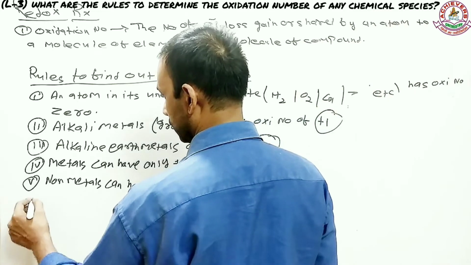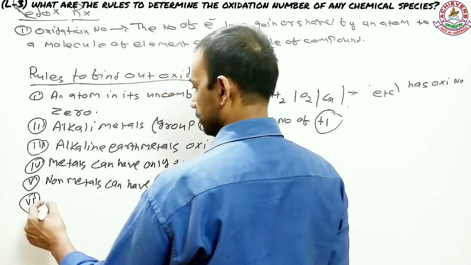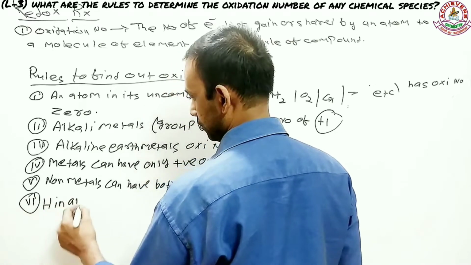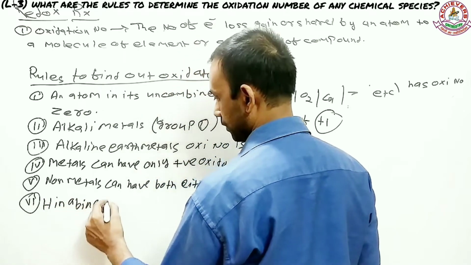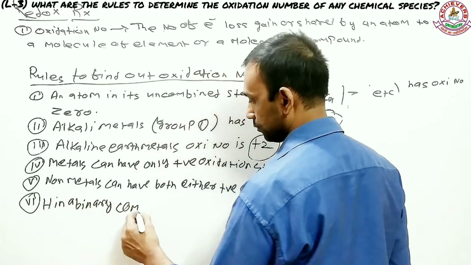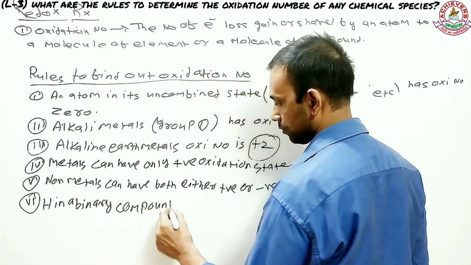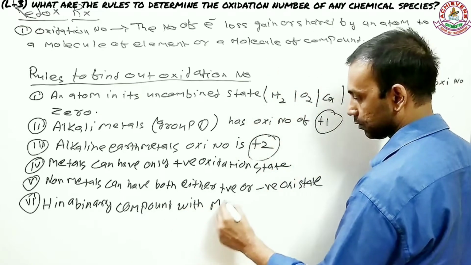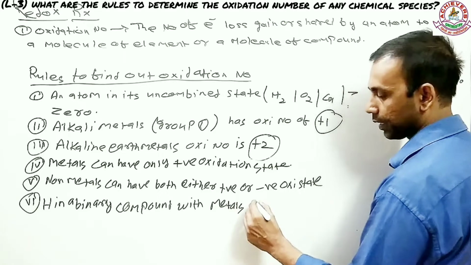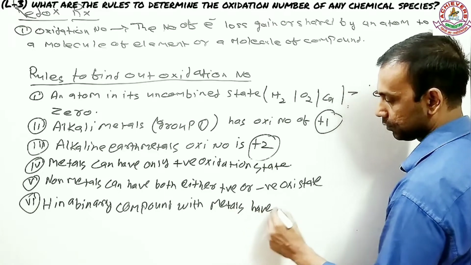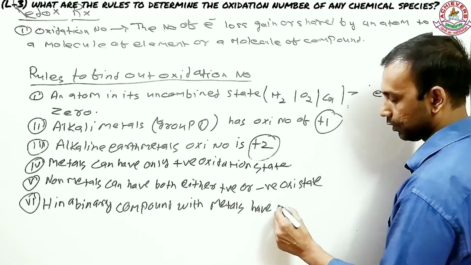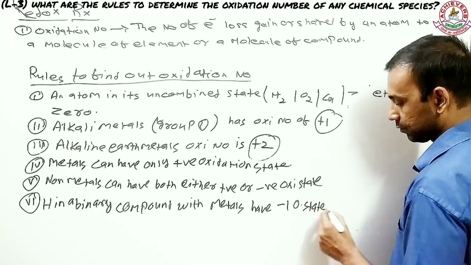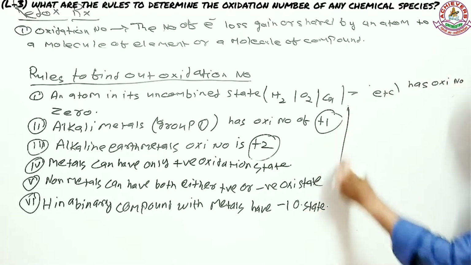Talk about the sixth rule. Hydrogen in a binary compound with metals has a -1 oxidation state. What does that mean? Let me take an example.